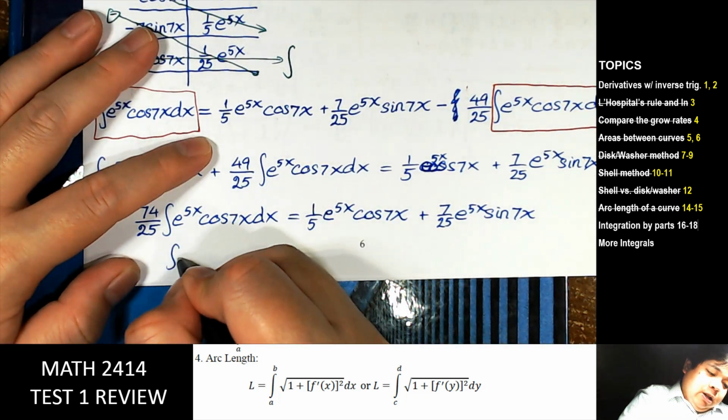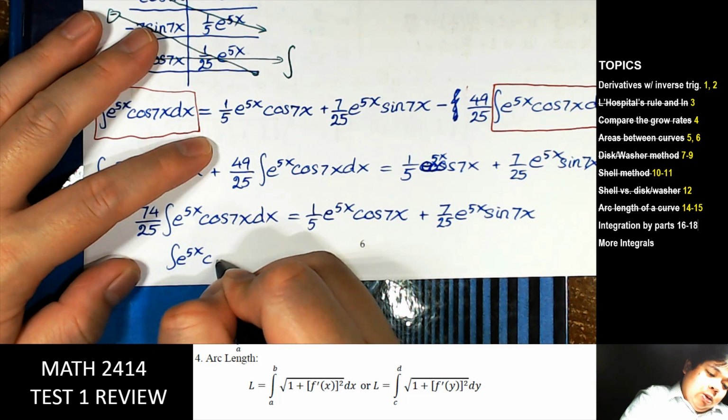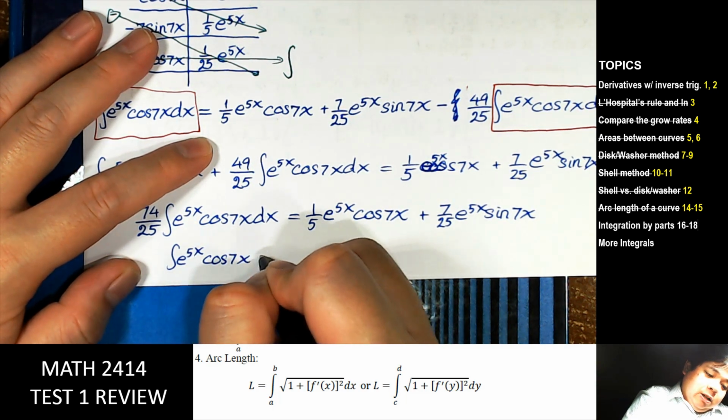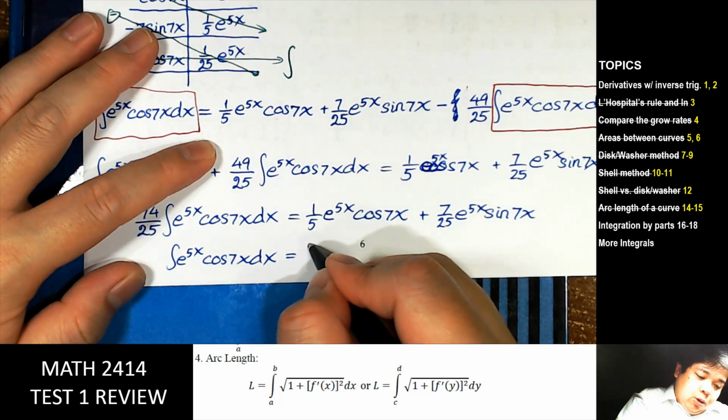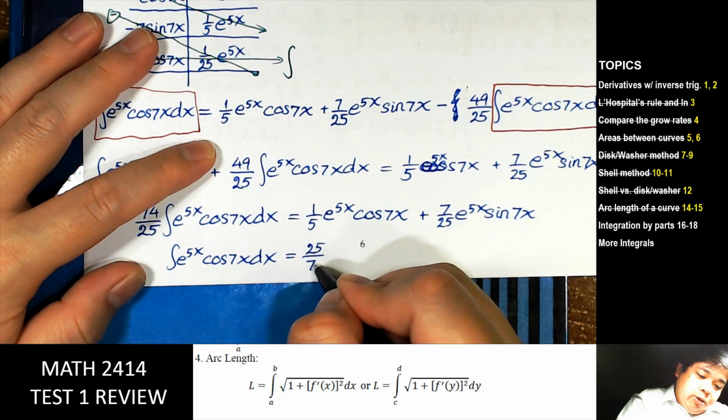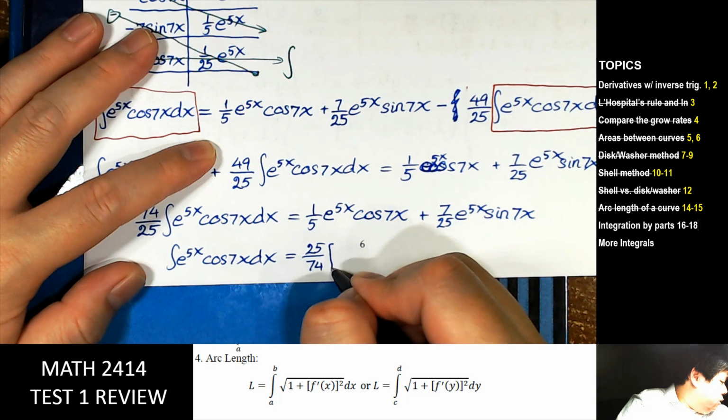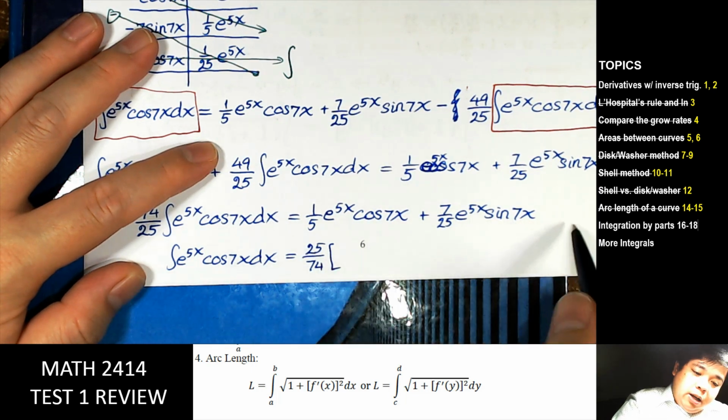We have e to the 5x cosine 7x dx, 25 over 74.